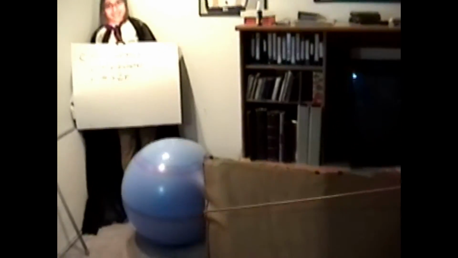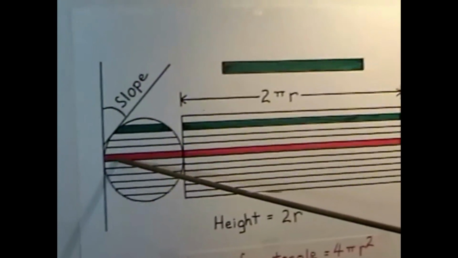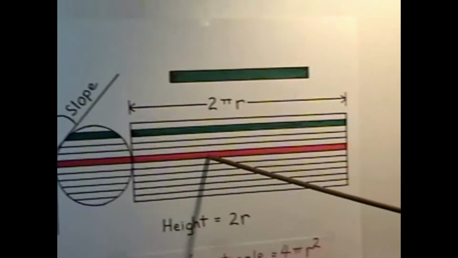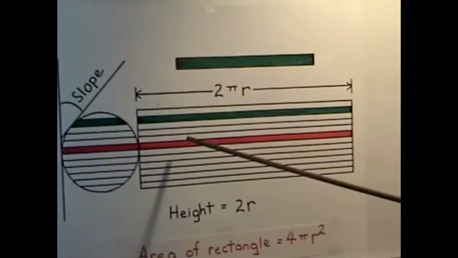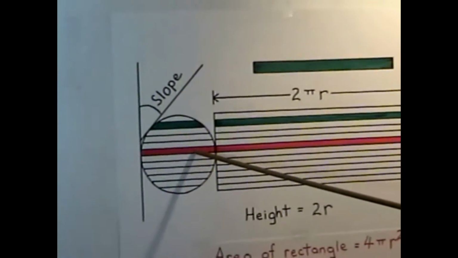Now, I want you to imagine that we're going to take the sphere and the rectangle and draw stripes across both of them. So it looks kind of like this. Near the equator of the sphere, you'll have a red stripe like this, and you'll have a corresponding red stripe going across the rectangle. Now the height of the stripe here will equal the height of the stripe here.